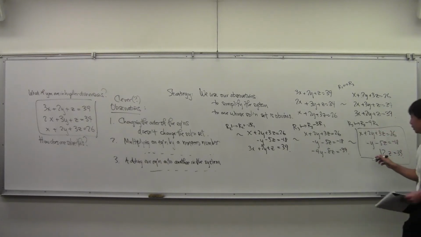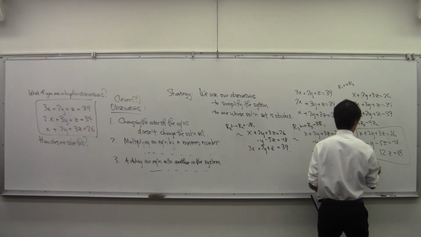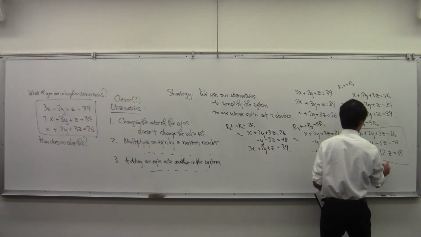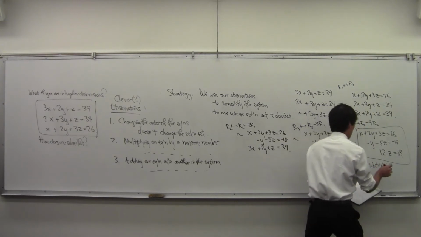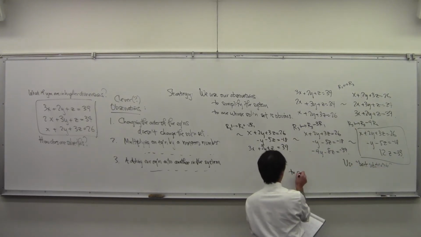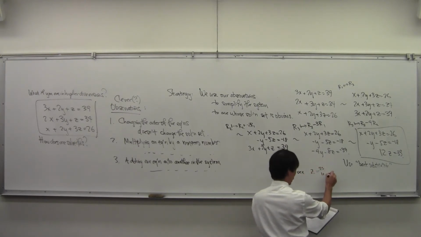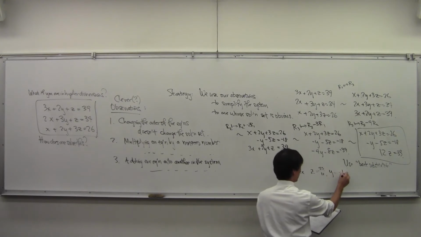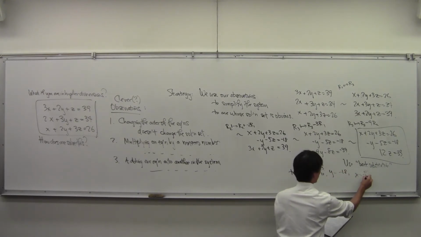This procedure is called back substitution. So you use back substitution to see that z equals 33 over 12, y equals -18, and x is 111 over 12.